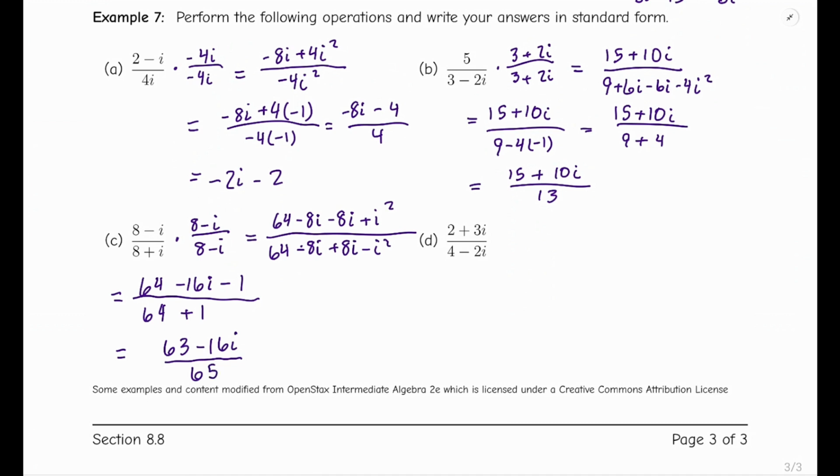In the last example, the complex conjugate is 4 plus 2i, so I'm going to multiply by 4 plus 2i on top and 4 plus 2i on the bottom.